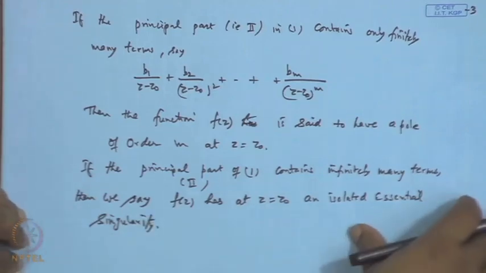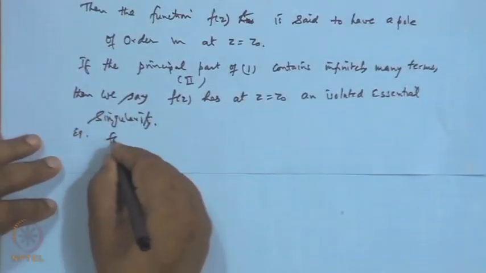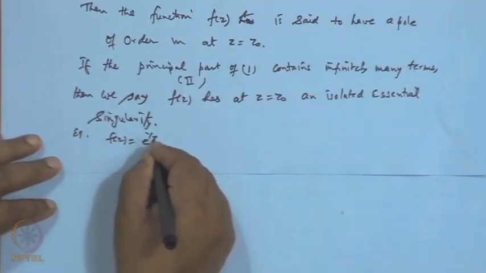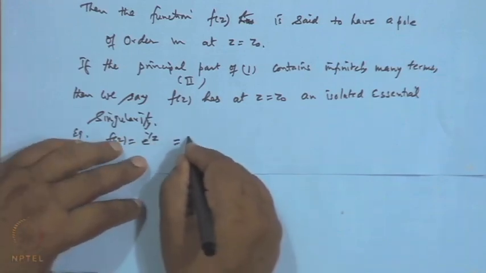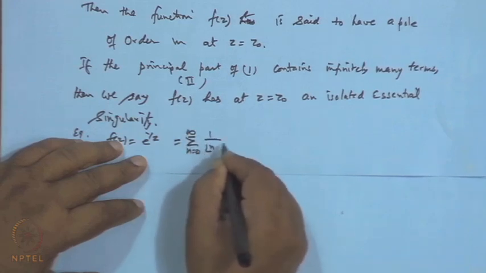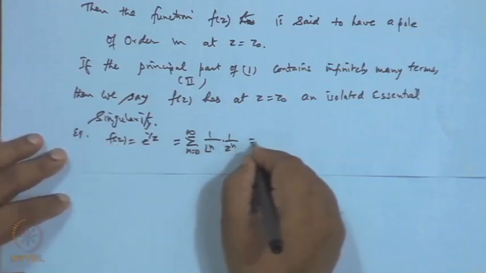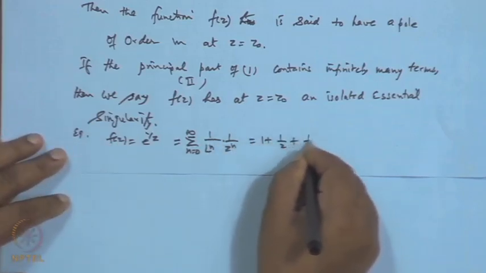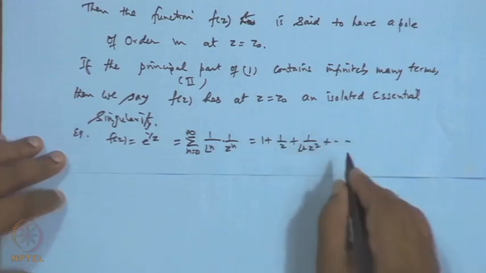For example, if we just look at the function f(z) which is e to the power 1 by z. Now, this function has an expansion which is sigma n from 0 to infinity 1 by factorial n into (1 by z) to the power n, that is, it has an expansion as 1 plus 1 by z plus 1 by factorial 2 z square and so on.